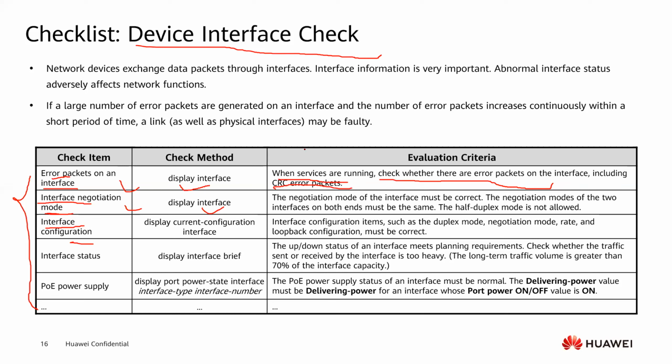We can also see the number of incoming broadcast packets and the number of unknown packets. We use the command display interface brief. We can see the up-down status of the interface. That's some of the device interface checks.